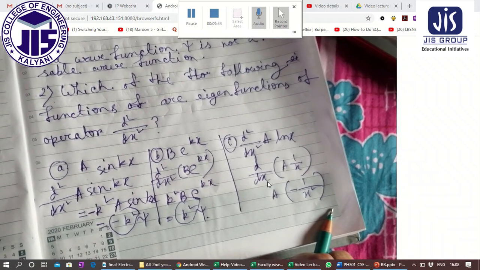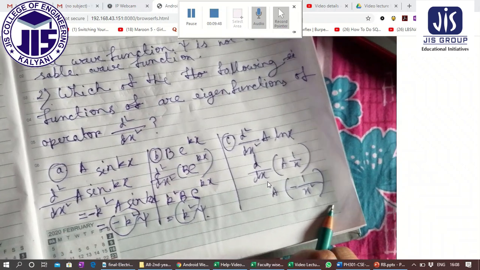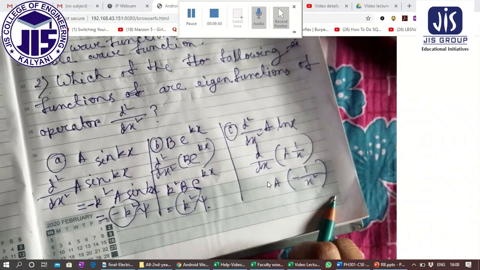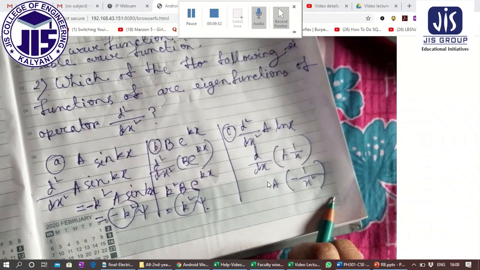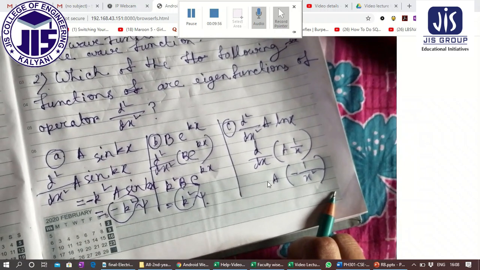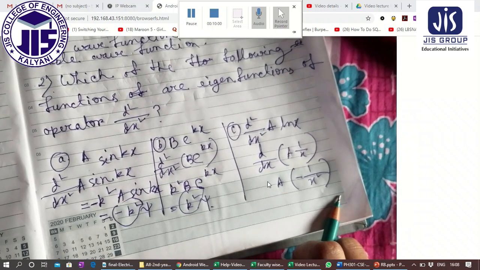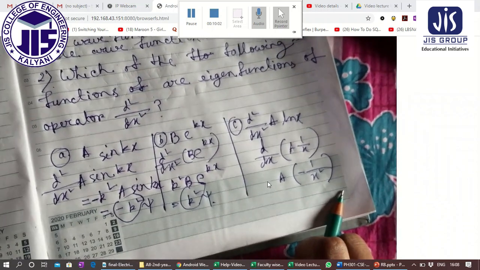That means this is not the same as the initial wave function. Therefore this cannot be an eigenfunction of the operator, because we are not getting back the same wave function.